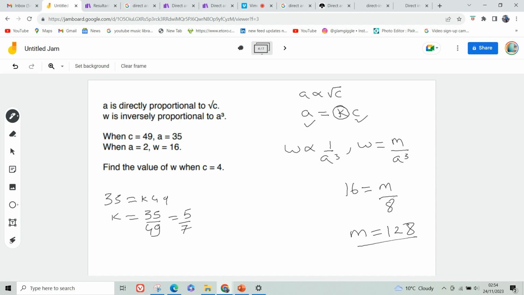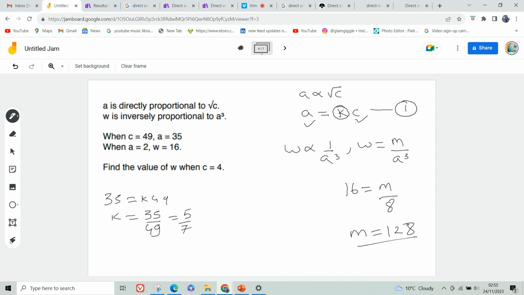Find the value of W when C is 4. What you need to find out is W when C is 4. This is a bit tricky question. So first, you need to find out the value of A when C was 4. So first you need this equation.